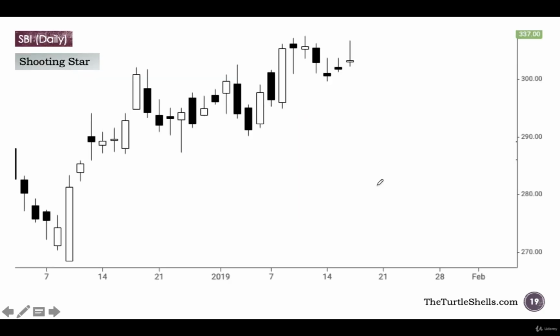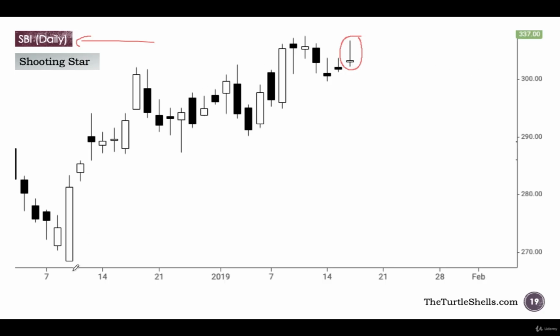Now let us look at a daily chart of SBI. So we have a shooting star here. It's not a perfect doji candle because there is still a small white real body, but assuming it's a flat line where the open and close are the same, and assume that there is no lower shadow, then that becomes a special shooting star.